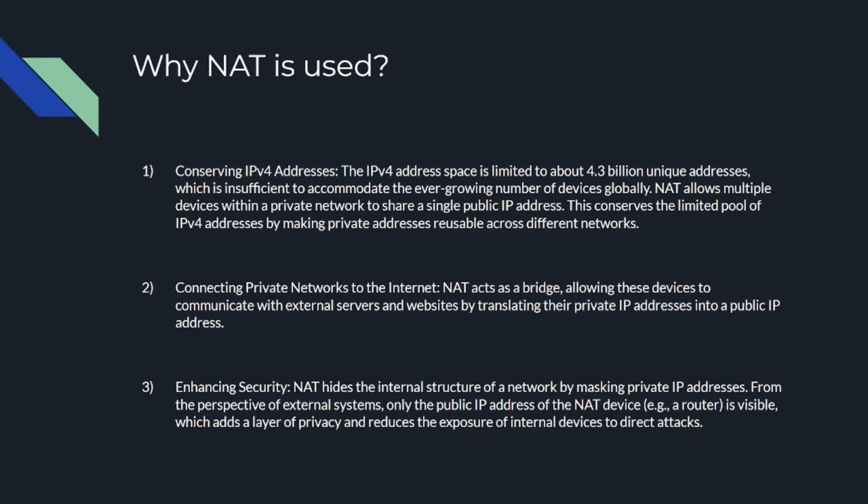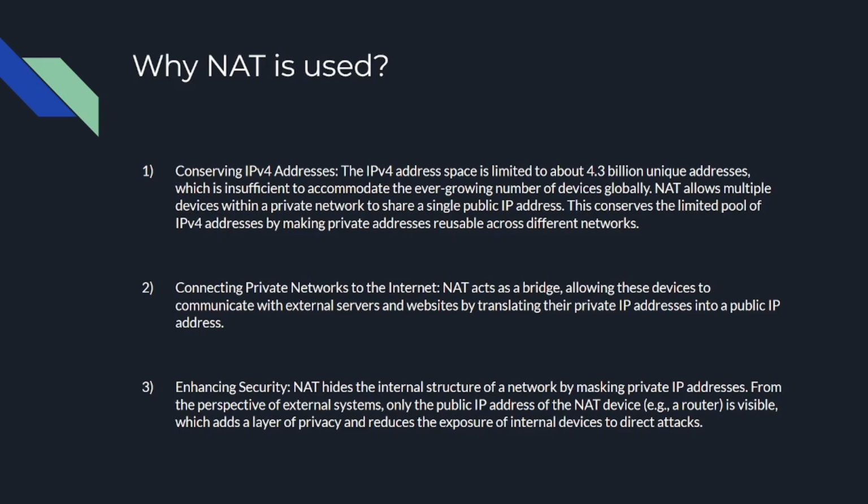And the second point is connecting private networks to the internet. NAT basically works as a bridge, allowing the LAN, or local area network, to communicate with the external servers and websites that are hosted in different LANs throughout the internet. And to connect one LAN with the internet, NAT technology is used as a bridge in between them.